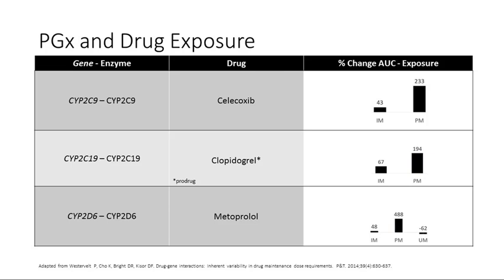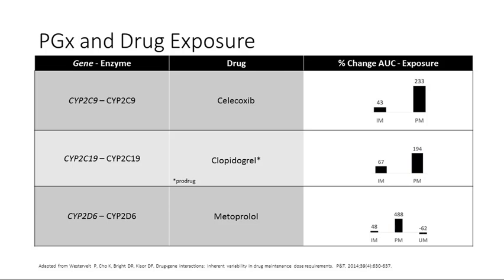So the third example is metoprolol, and we'll have a patient case coming up with this drug and the consequences of the genetic influence, but also a drug interaction. So CYP2D6 being the gene producing the CYP2D6 enzyme, and metoprolol has increased exposure in intermediate metabolizers of almost 50%, 48%, in poor metabolizers, 488% as an example.